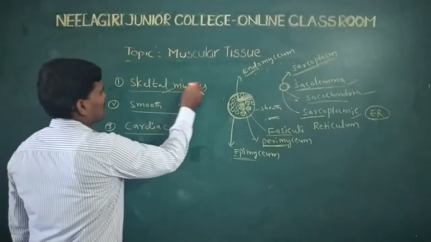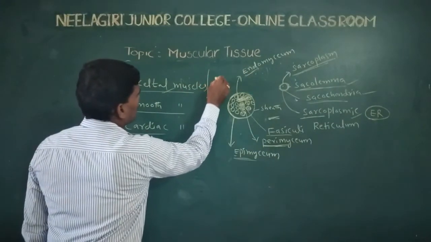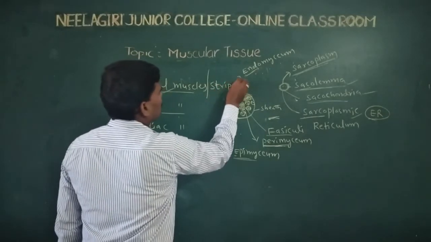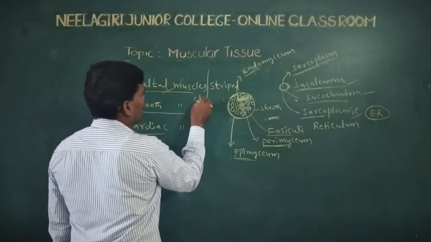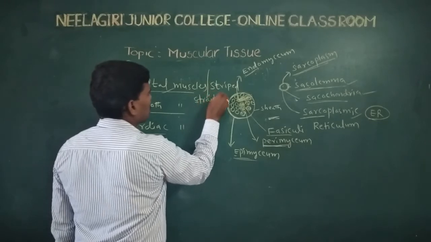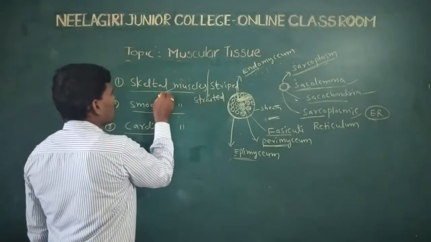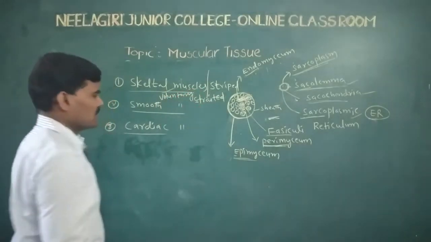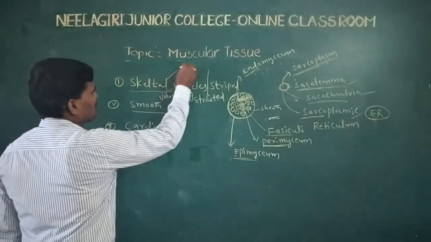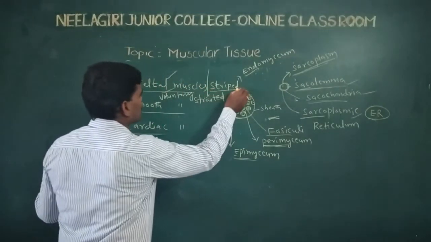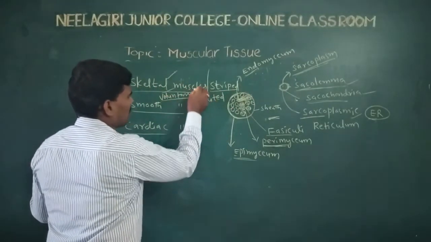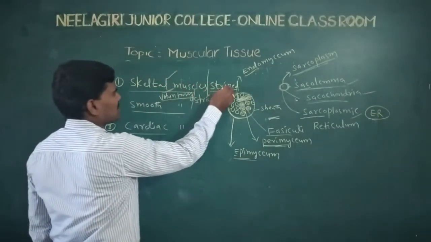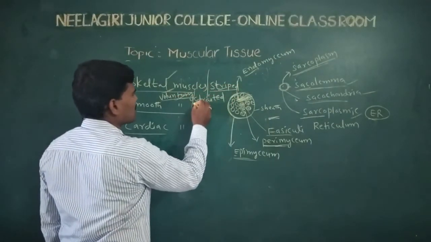So skeletal muscles, another name is the striped muscles, or striated muscles, or voluntary muscles. See the other names: skeletal muscles, striped muscles, voluntary muscles and striated muscles.